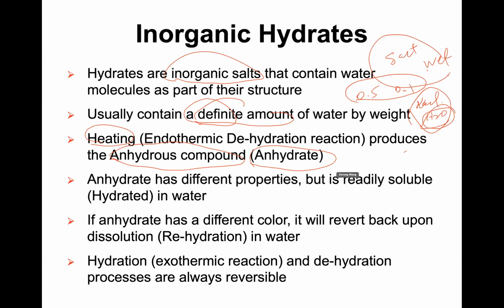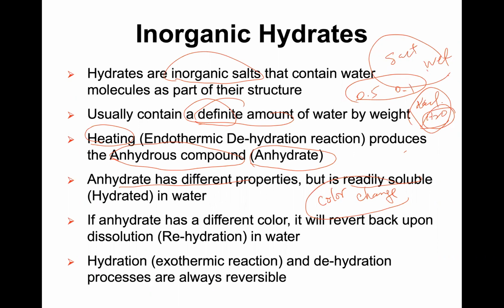Now, these anhydrates have different properties from the hydrates. Particularly, anhydrates are readily soluble in water, compared to hydrates, which normally have less solubility. Another big change is color change. I will show you later why we have the color change.